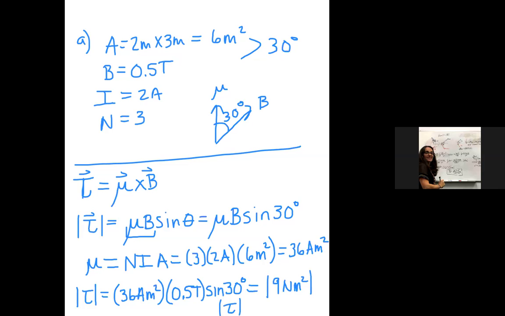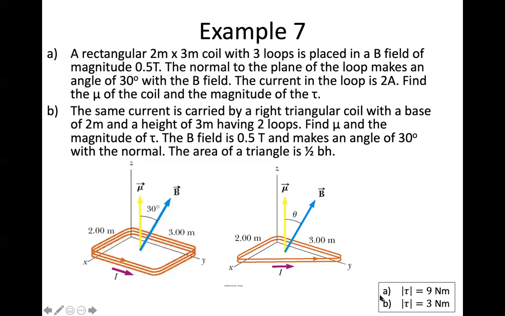Okay, so the magnitude of the torque is 9 Newton meters. And you can check the answer on the slide. Okay, let's go back and see that. There's our 9 right there.